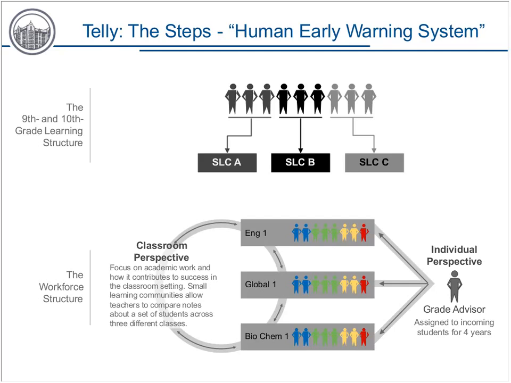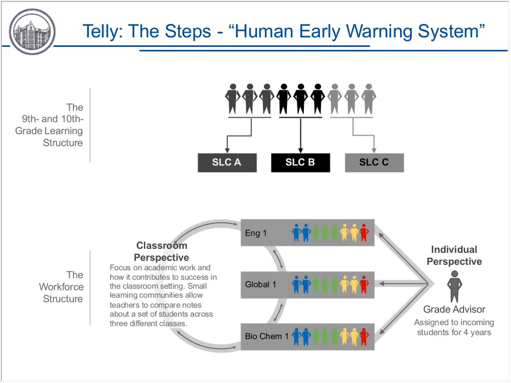And the school also has guidance counselors who support the more complex socio-emotional needs of these kids. We call this interlocking teacher inquiry teams. By interlocking these different perspectives, we have a lot of data and information flowing throughout the school.